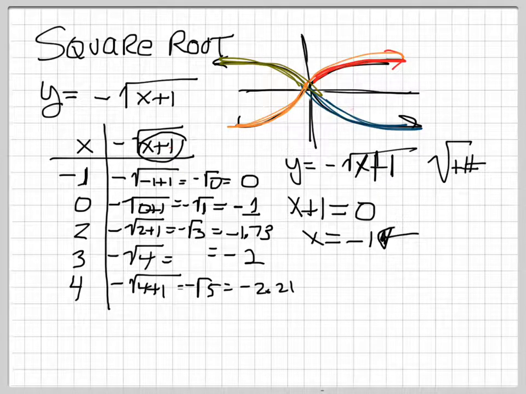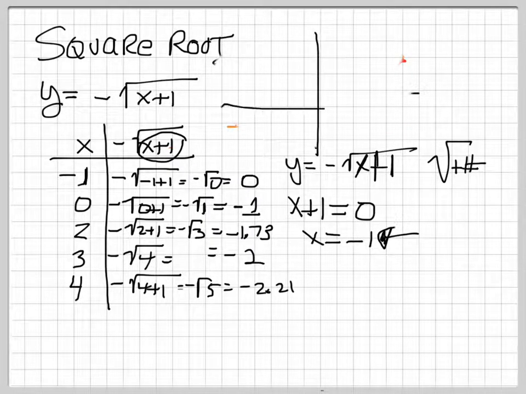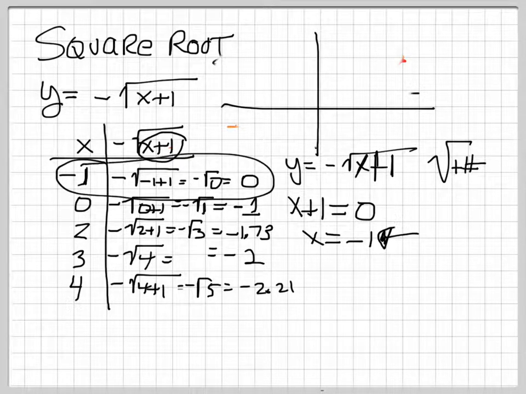When it comes time to graph these, what happens then is I'm going to create one of those 4 curves, but this is going to be my starting point. So I'm going to start at negative 1, 0 with the first point on my curve.